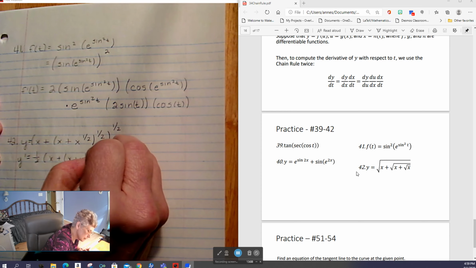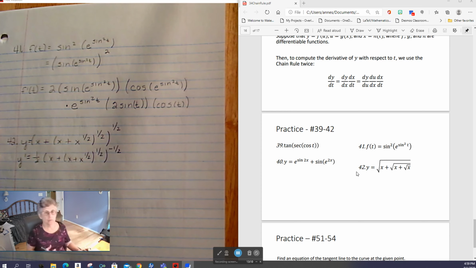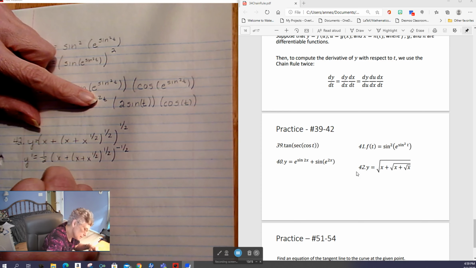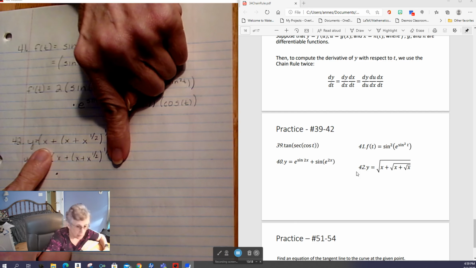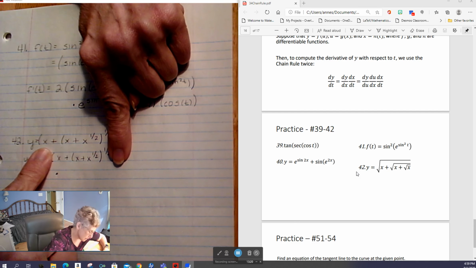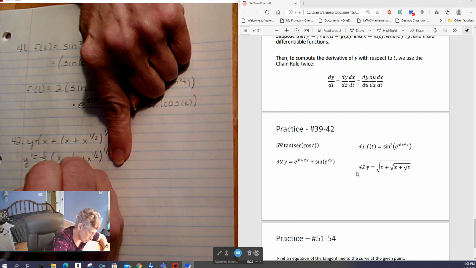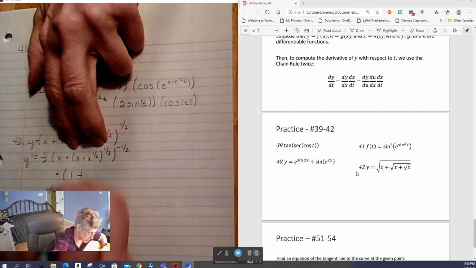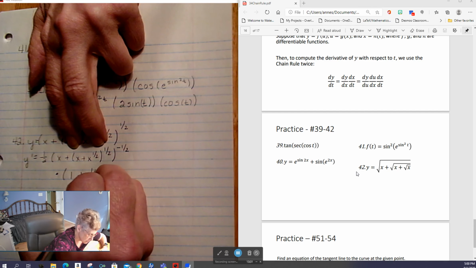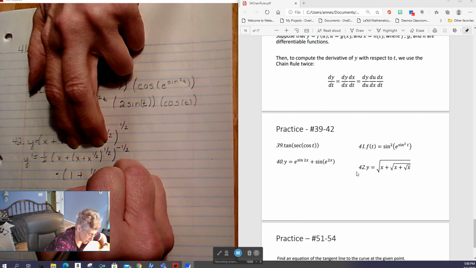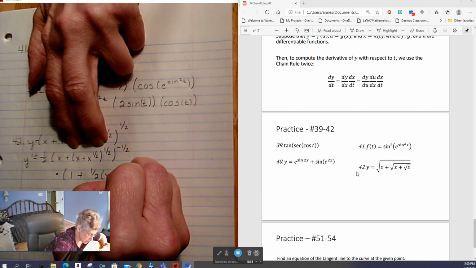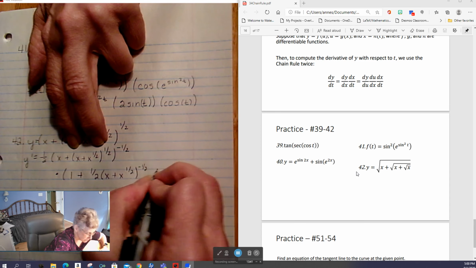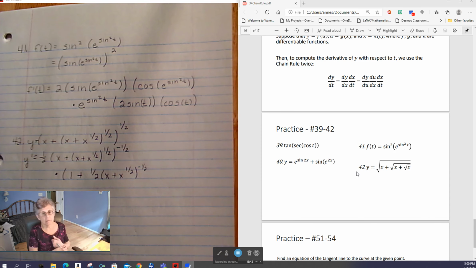Subtract 1 from the exponent. So I took care of my outsidest function. Times. Now I'm going to look inside the set of parentheses. The derivative of this is 1 plus, now I have this other little piece, 1/2 falls down, times x plus x to the 1/2 power, subtract 1 from the exponent to the minus 1/2 power.